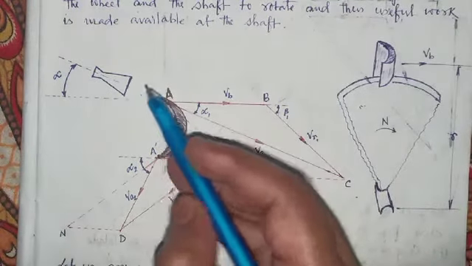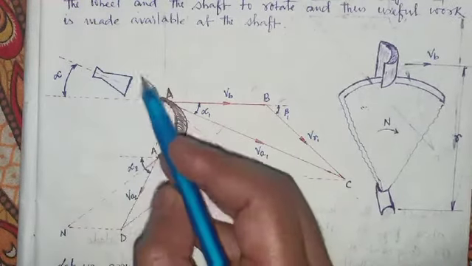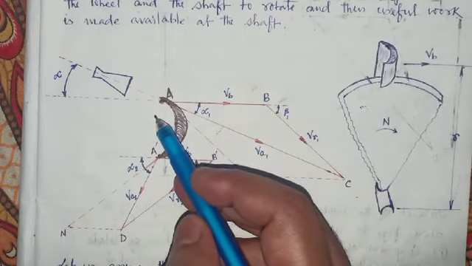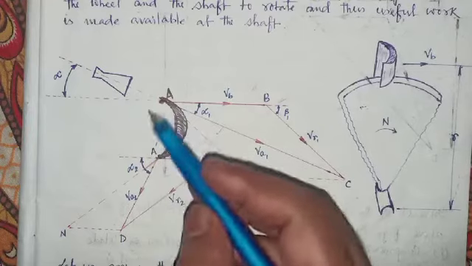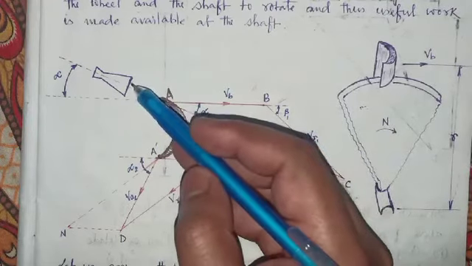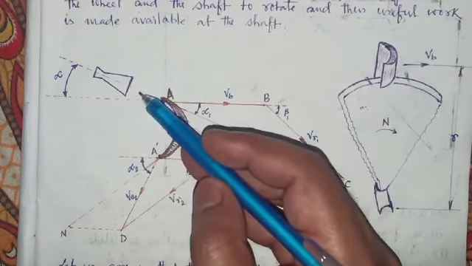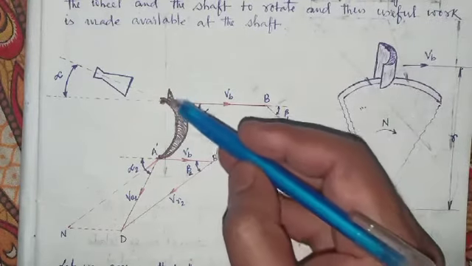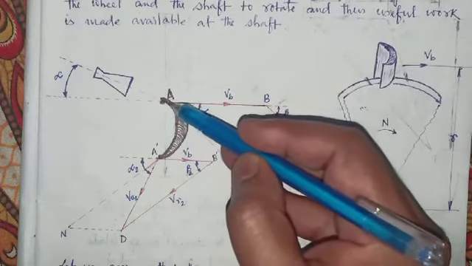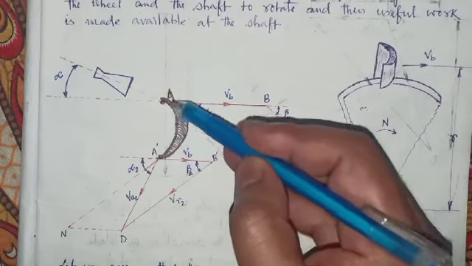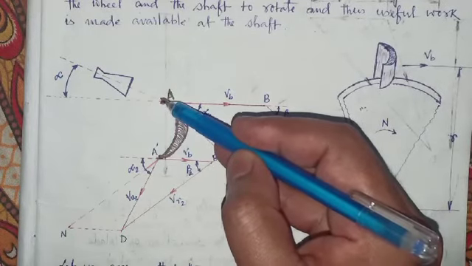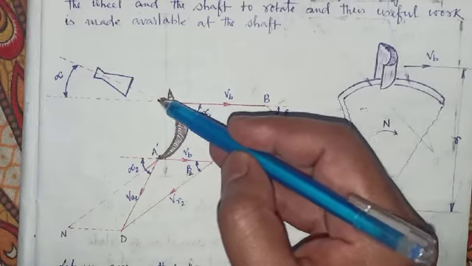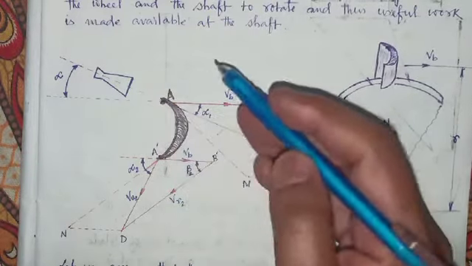Look, these are the types of nozzle. From this nozzle the steam comes out and strikes this bucket at the topmost position, at an angle alpha.